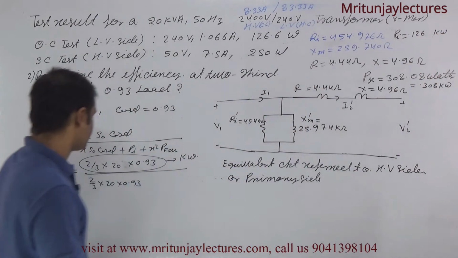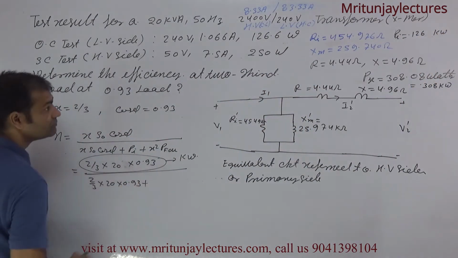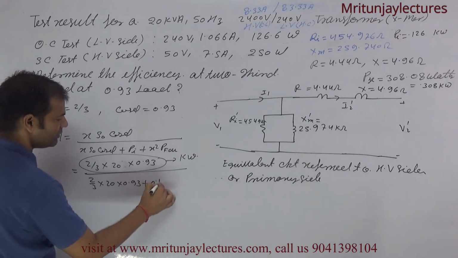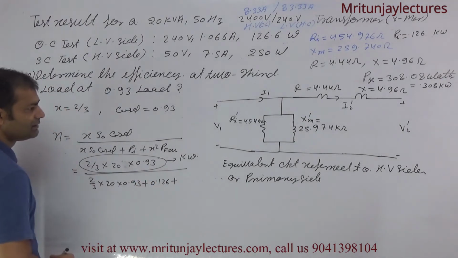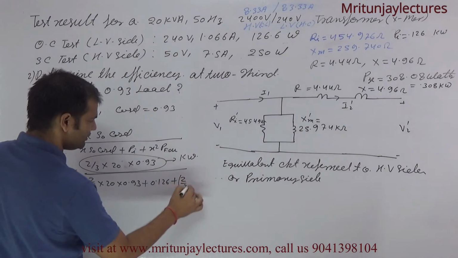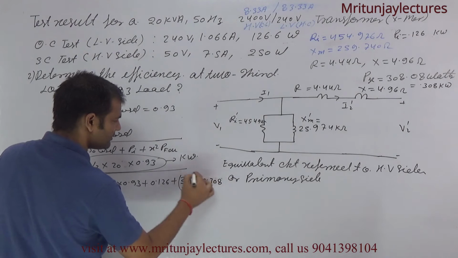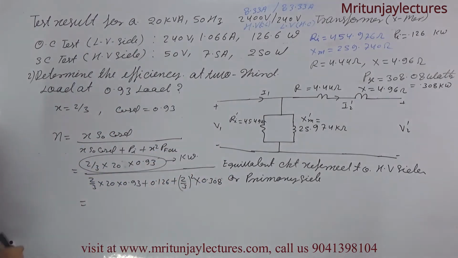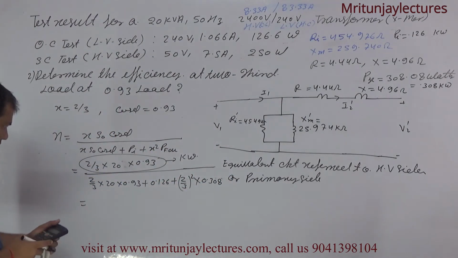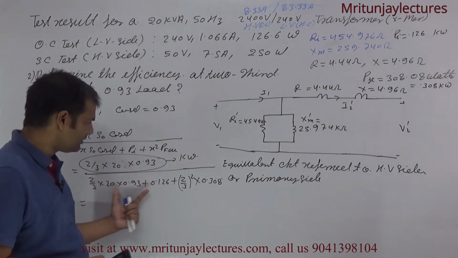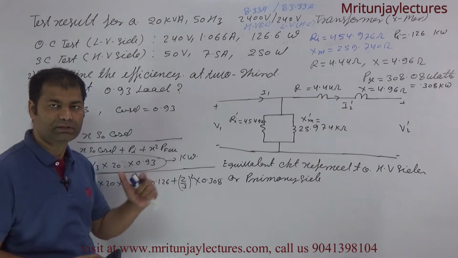So 0.126 plus 2/3 to the whole square into 0.308. All are in kilowatt.